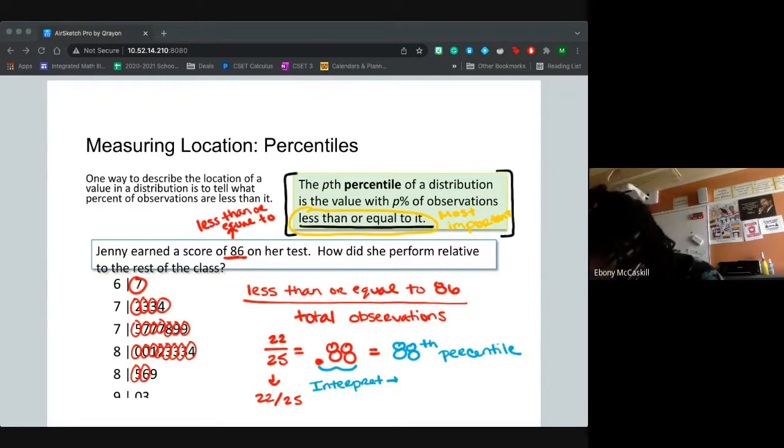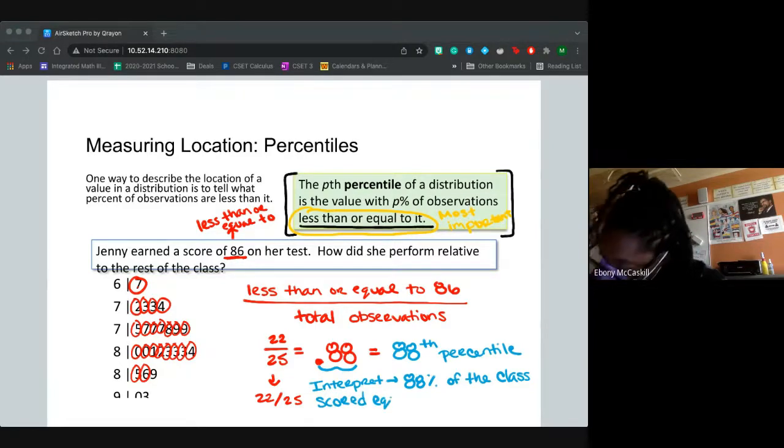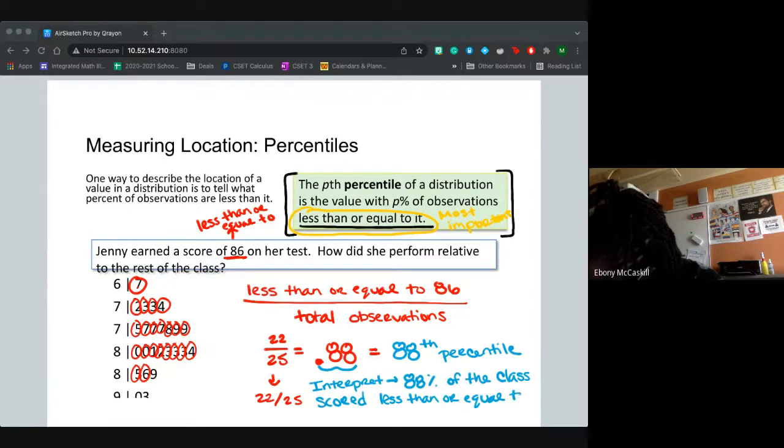So what that means is 88% of the class scored less than or equal to Jenny's score of 86.